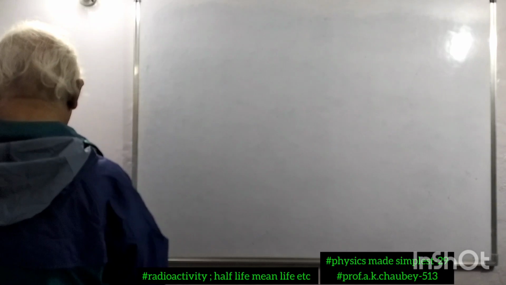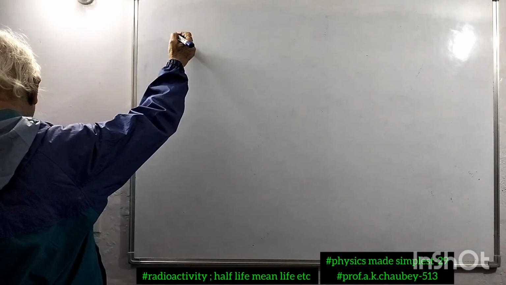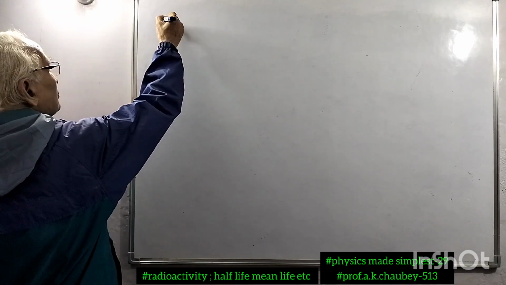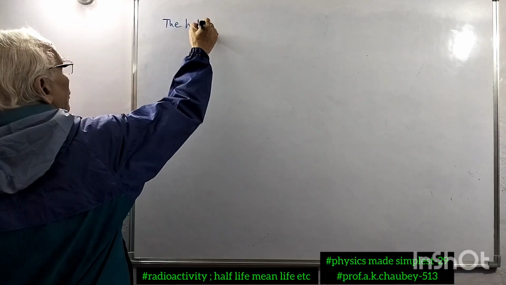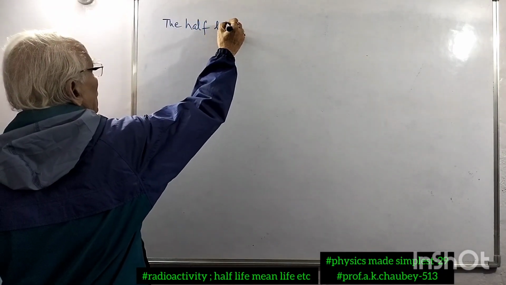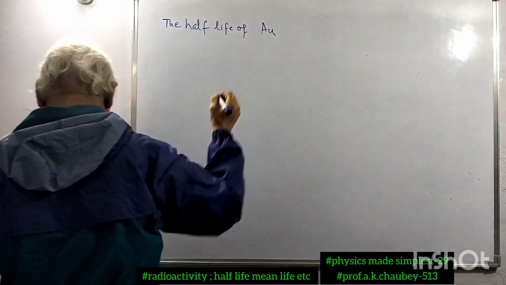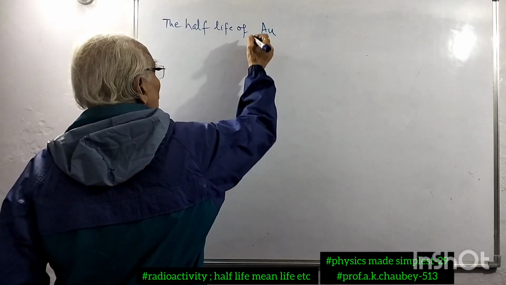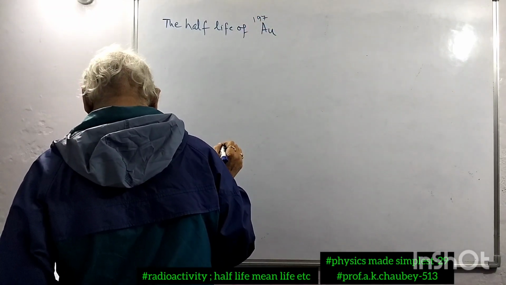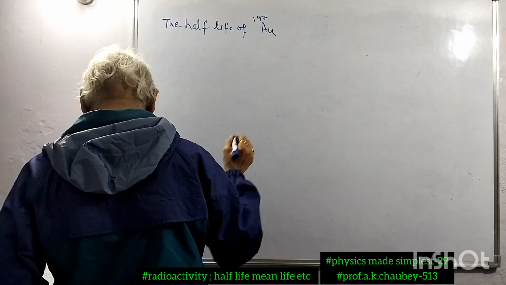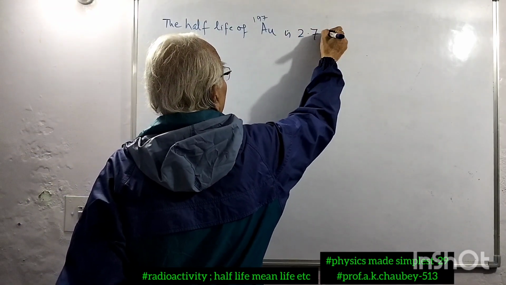Now I have one problem. The half-life of gold, Au 197, is 2.7 days.